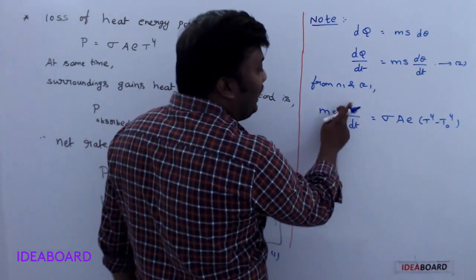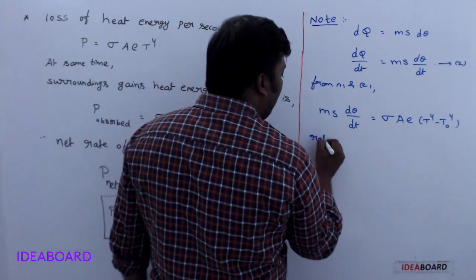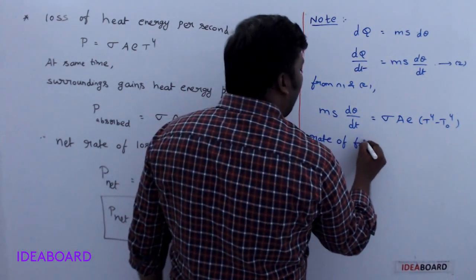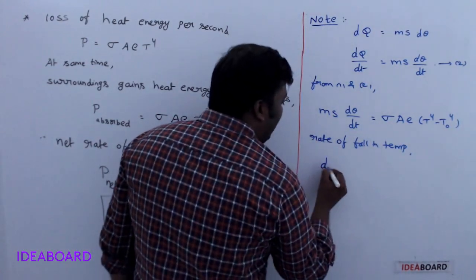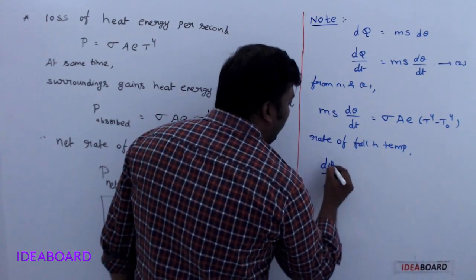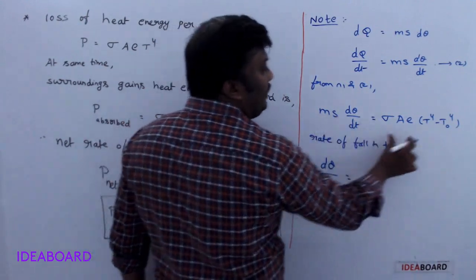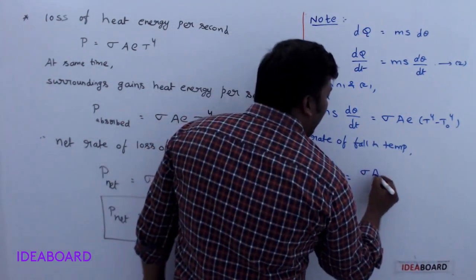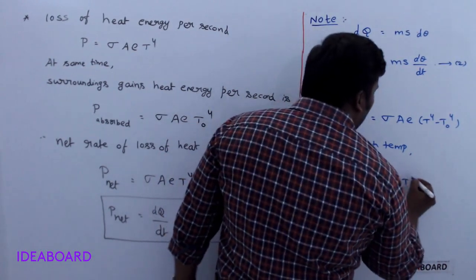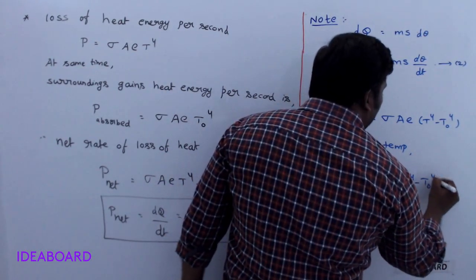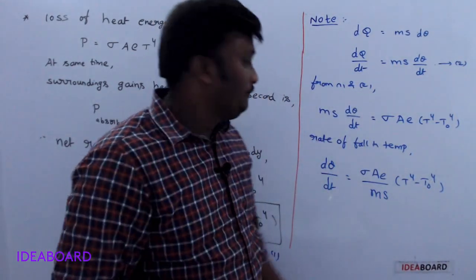So rate of fall in temperature, d theta by dt, is equal to sigma AE by ms into T power 4 minus T naught power 4.